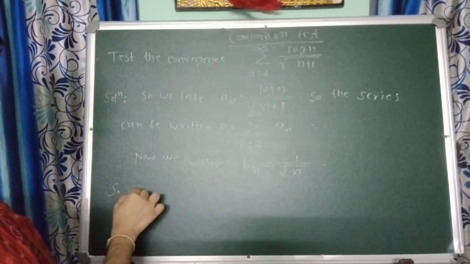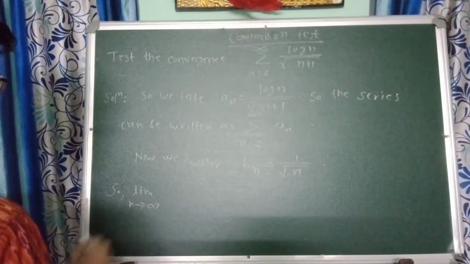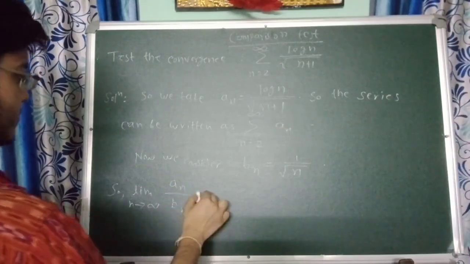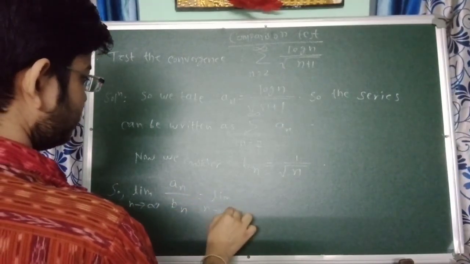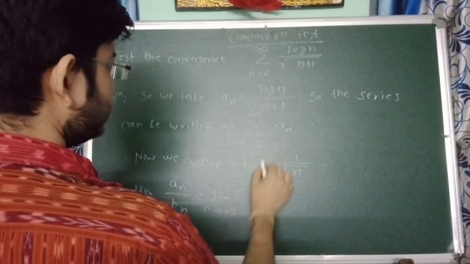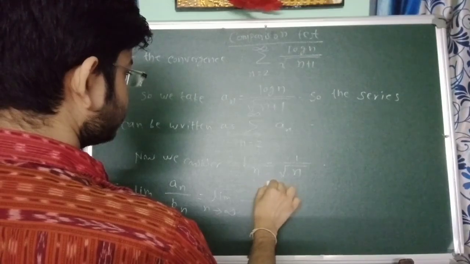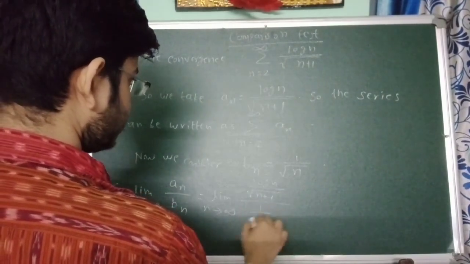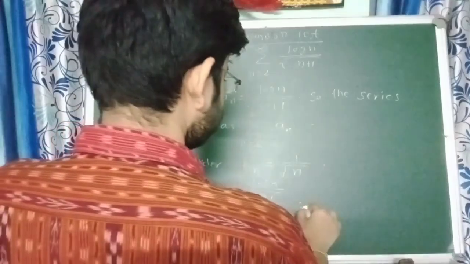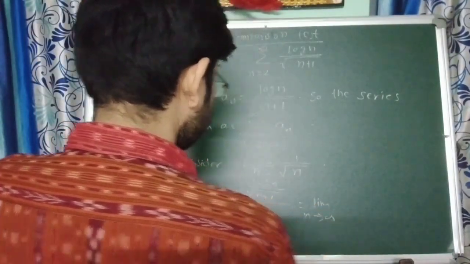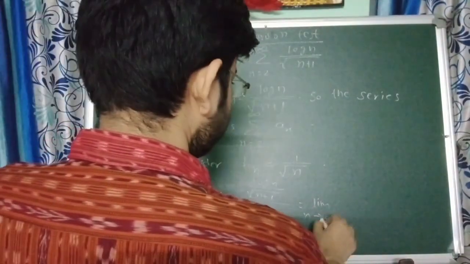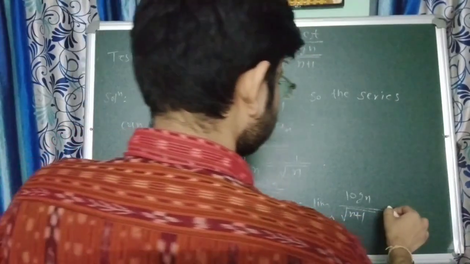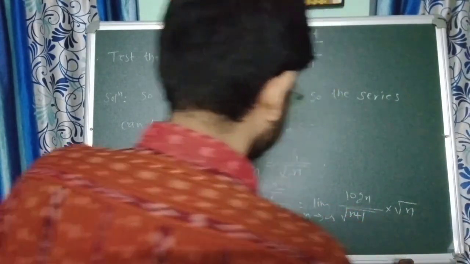So the limiting value of a_n by b_n equals limit n tending to infinity of log n divided by square root of n plus 1, divided by 1 by square root of n, which equals limit n tending to infinity of log n divided by square root of n plus 1, into square root of n.